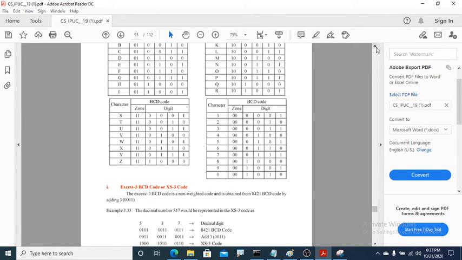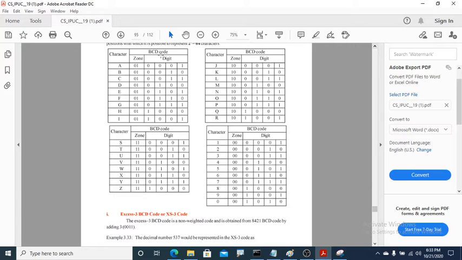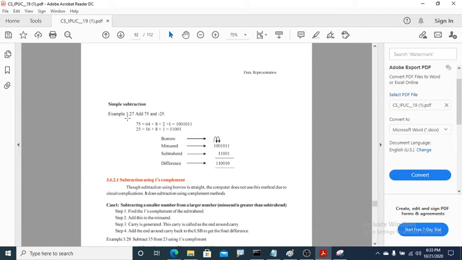Because it is a 4 bit binary number, that's why 8 zeros: 1 2 3 4 5 6 7, and again 1 2 3 4 5 6 7. After that I am taking 1 1.